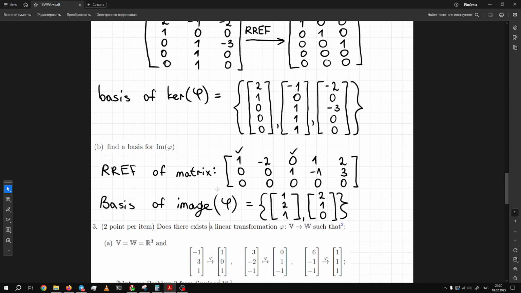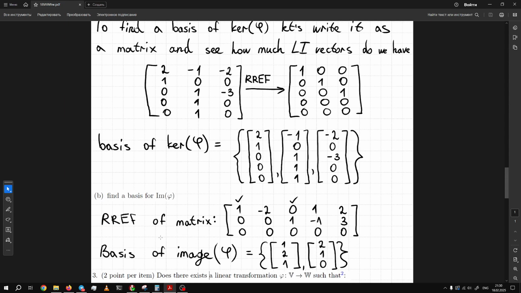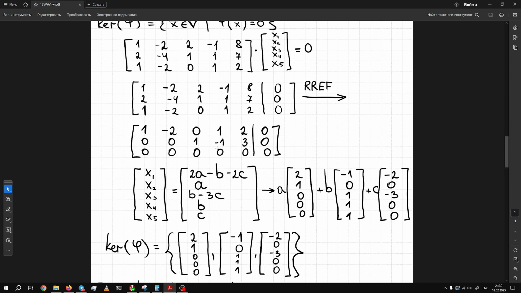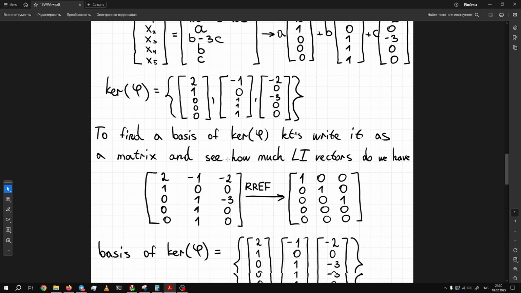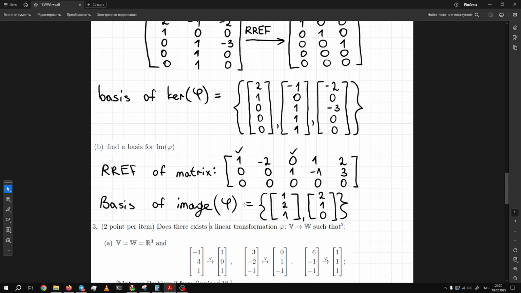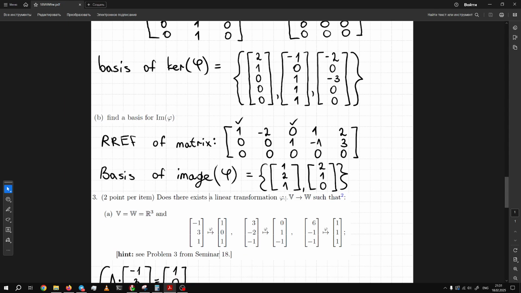So yeah, we already know that the RREF of this matrix is this one, and yeah, so the basis of the image is the independent vectors. So yeah, this is our image.